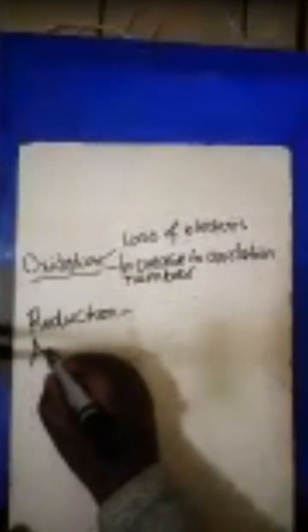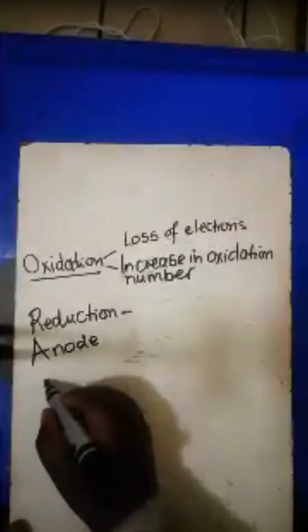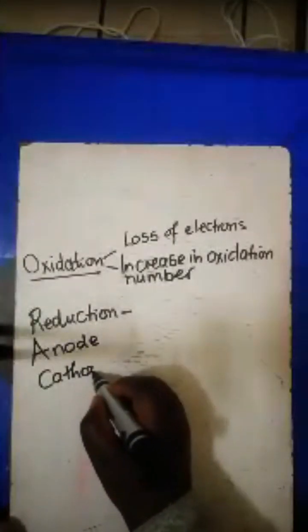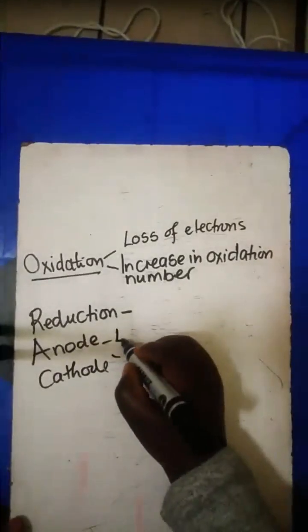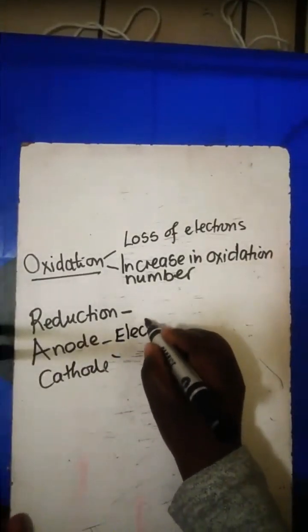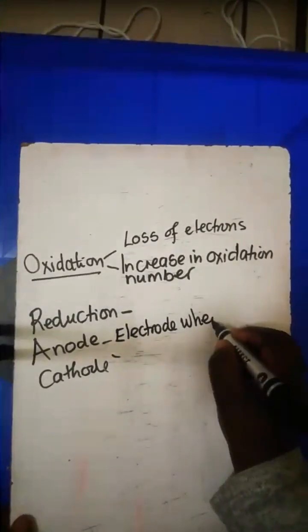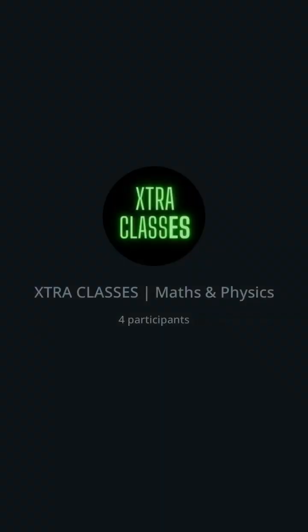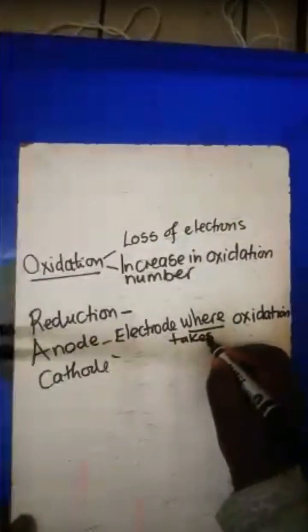Good. So the next definition which will assist us in this topic is anode and cathode. I will define one, then the other one is the opposite. Anode, you can just say it's the electrode where oxidation takes place.